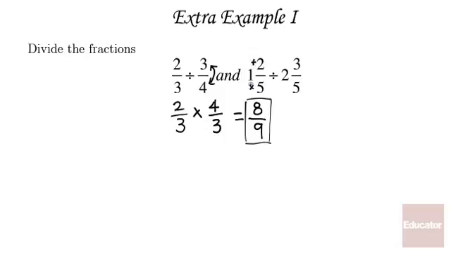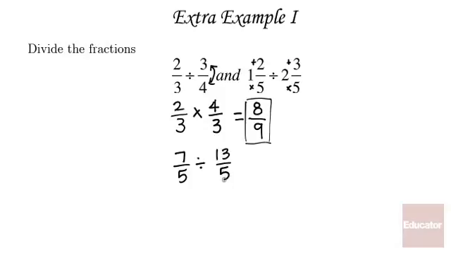So 5 times 1 is 5, plus 2 is 7. So it's 7 over 5, and then divided by 5 times 2 is 10, plus 3 is 13.